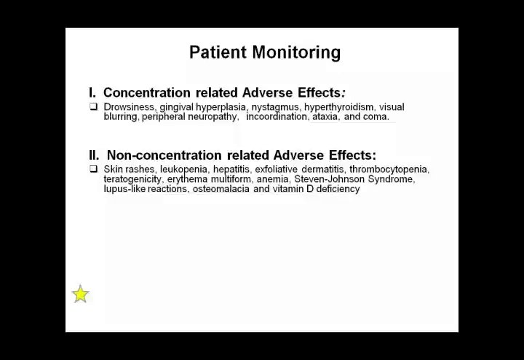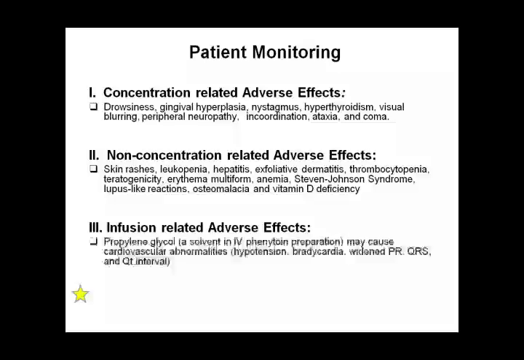And I have a list here. Again, there is infusion related adverse effect, as I mentioned before, and this is related to the fact that phenytoin is dissolved in glycol, and that is the ingredient or the chemical that causes side effects, such as cardiovascular abnormalities.